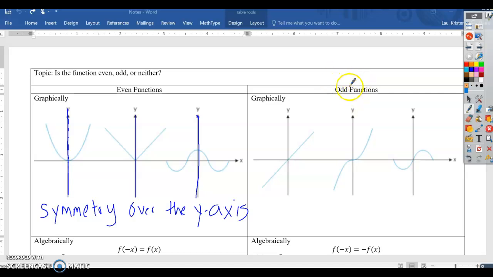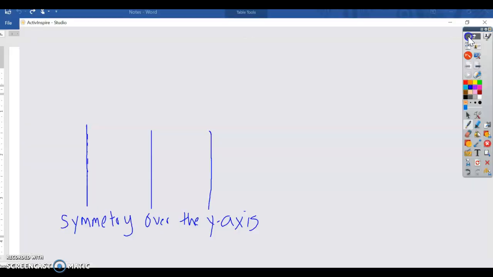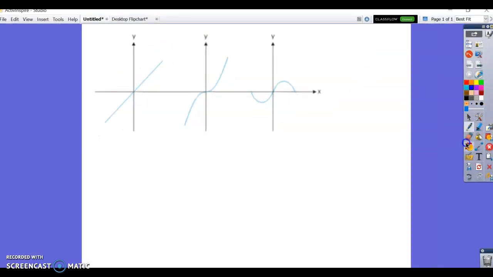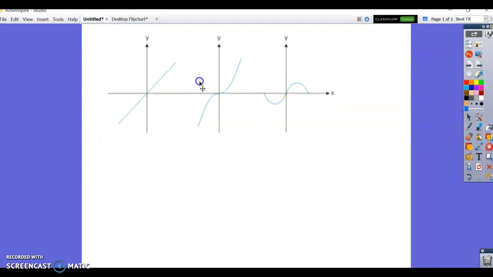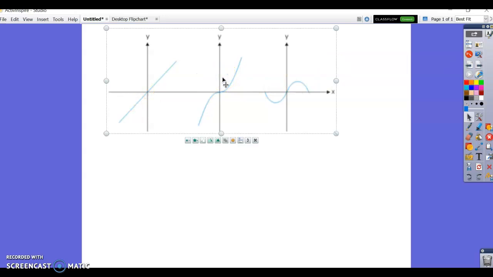Now I'm going to look at odd functions graphically. If I look at these graphs, they are all odd, and I'm going to show you what I mean by that. So I'm going to go to this page. These are my graphs. I have 3 odd graphs. I'm going to copy them.